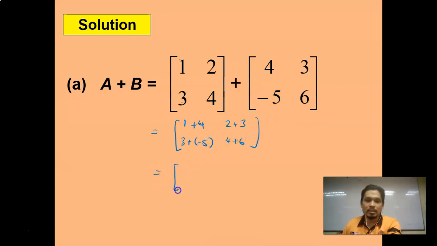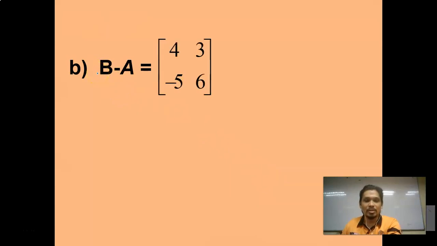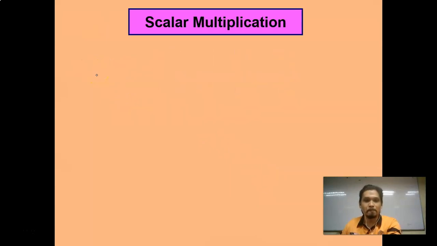So it comes out with 1 plus 4 is 5, 2 plus 3 is 5, 3 plus negative 5 is 3 minus 5, negative 2, and 4 plus 6 is 10. B minus A, I showed you just now, so you may just refer to that.